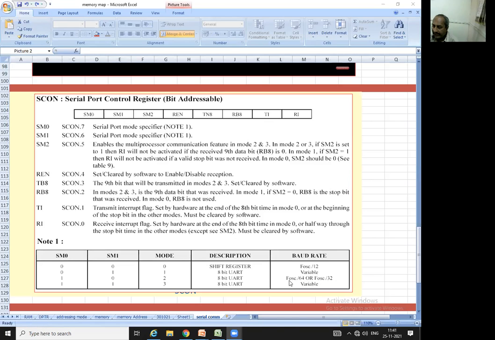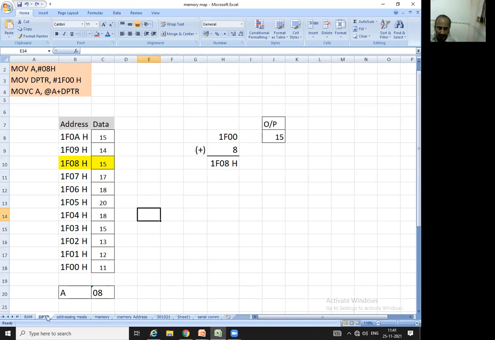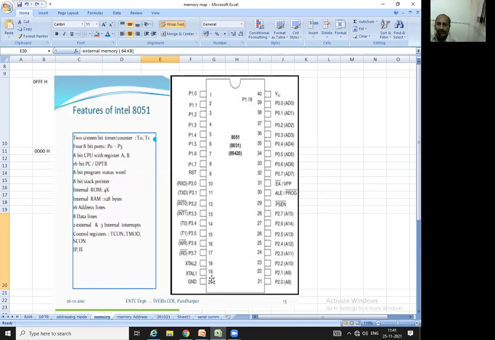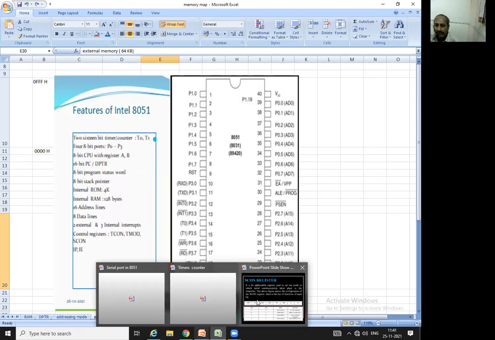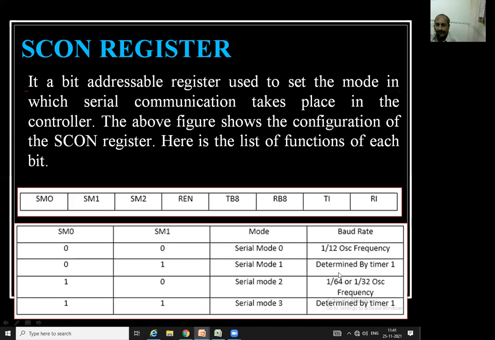F ऑसिलेटर म्हणजे काय, ऑसिलेटर फ्रिक्वेन्सी. मग ऑसिलेटर कुठं असतो 8051 मध्ये, पिन नंबर 18 आणि 19 ह्याच्यामध्ये एक क्रिस्टल लावलेला असतो, तर त्याची फ्रिक्वेन्सी डिवाइडेड बाय 64 ऑन द दिस पर्टिक्युलर वी हॅव गॉन थ्रू हियर.